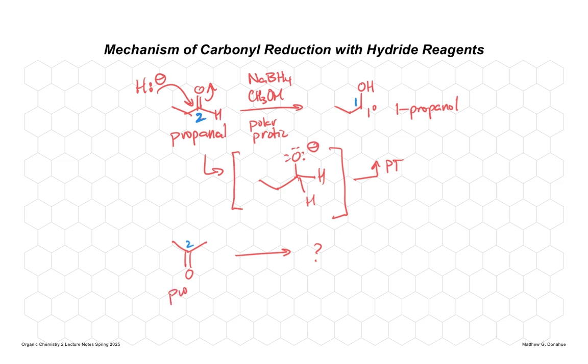Say you were starting with the ketone propanone. What class of alcohol does that have to be reduced to? Secondary. So a ketone is always reduced to a secondary alcohol. So 2 is going to 1, that's a reduction.